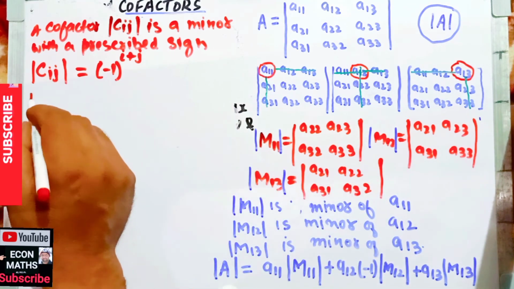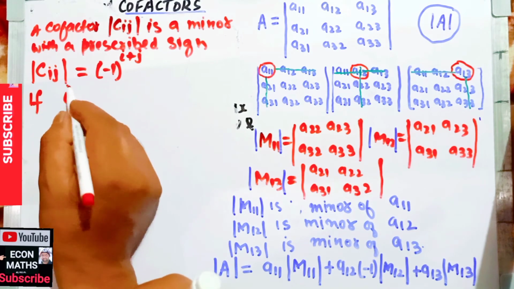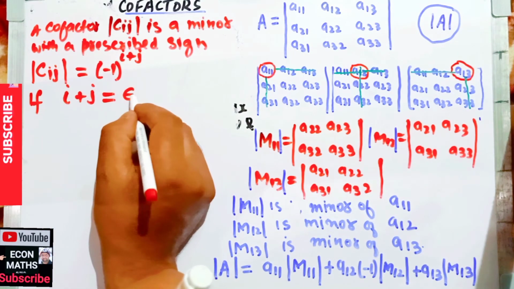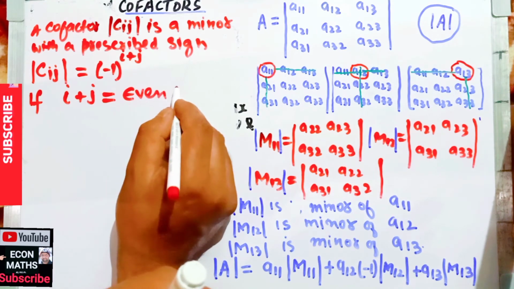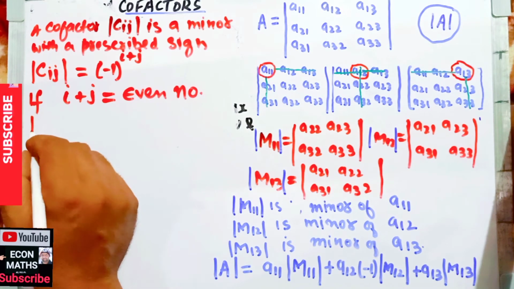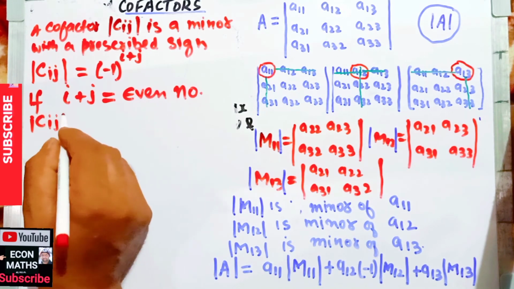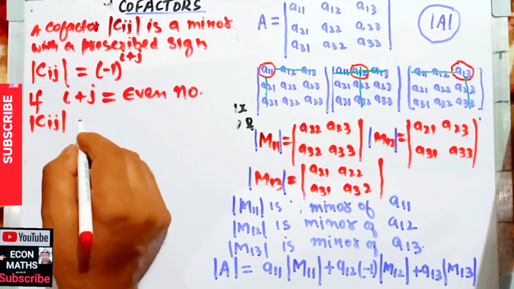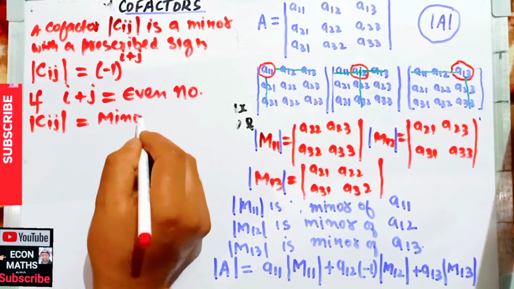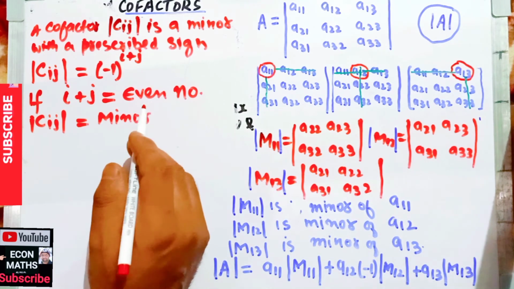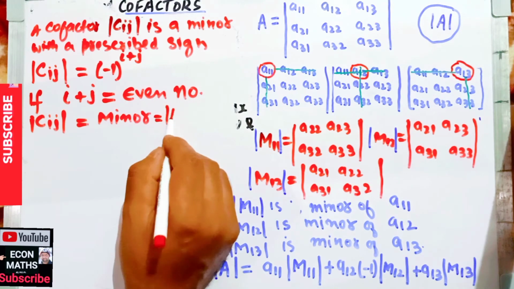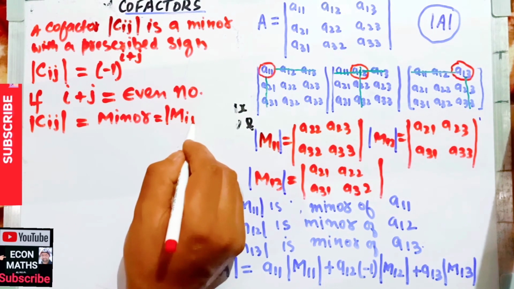That is, if i plus j is an even number, this means this Cij, that is a cofactor, is equal to the minor, which we have seen, Mij.